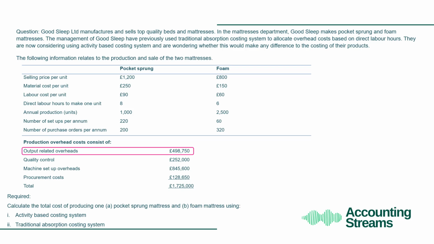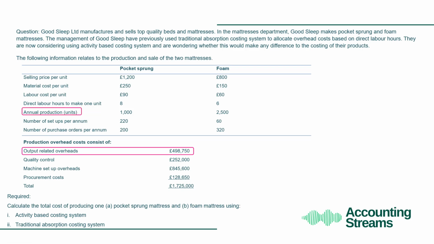So this is called output related overheads. And what this means to me is if the company, which is Good Sleep Ltd, decides to make more than 1,000 pocket sprung mattresses, then that may increase the cost of these output related overheads. Okay, so annual production here would be my own cost driver, my chosen cost driver.